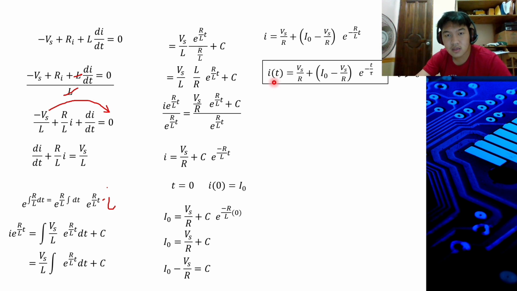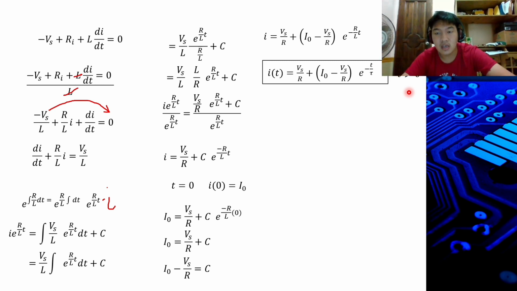I of t is equal to Vs over R plus I naught minus Vs over R e raised to negative t over tau when time is equal to 0. Muna yung atong current response sa inductor.